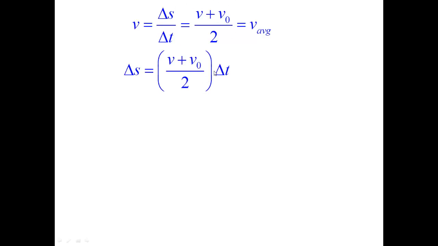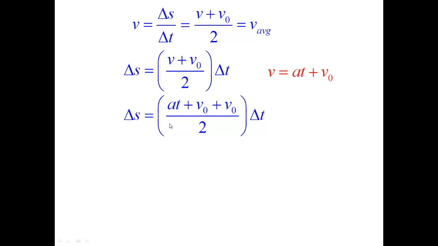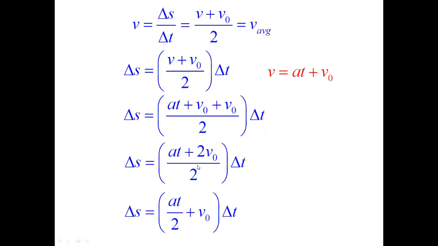So I can move the delta t over. I've got v plus v naught over 2 times delta t. I can remember that v is really at plus v naught. Plug it in, so I've got at plus v naught over 2 times delta t, and that's going to be 2v naught. Separate the fraction into two separate parts.